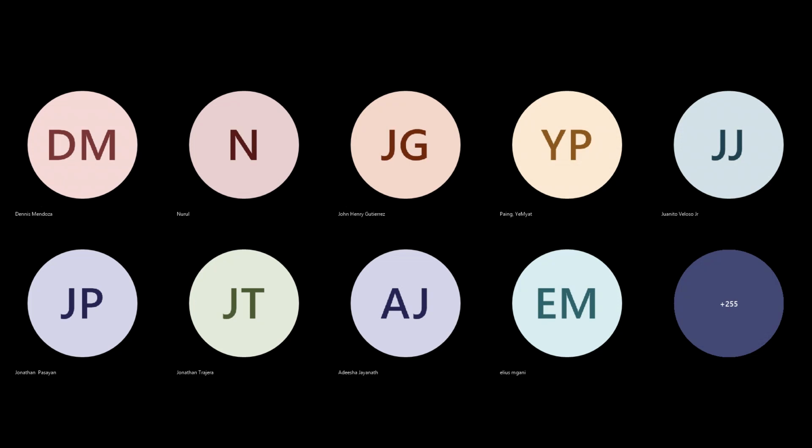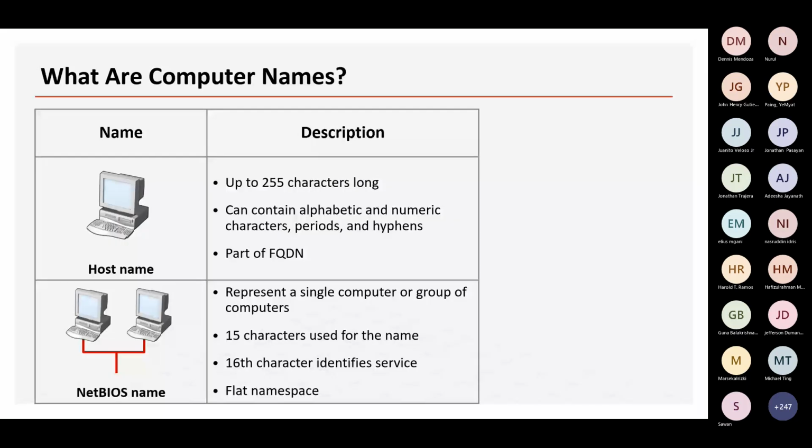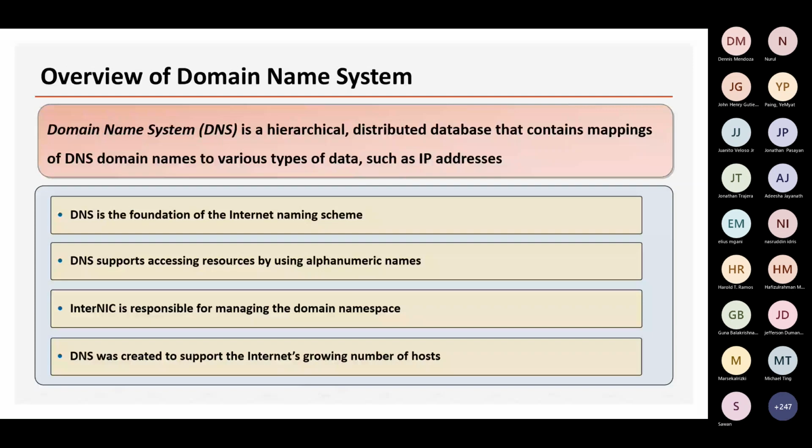DNS is the solution we generally use for these conversions. Remembering a name is going to be difficult for us, so it provides a distributed way of mapping an IP address.